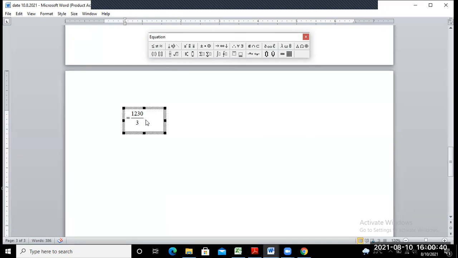If you divide this, 3 goes 4 times, and then 0, 1, 0, so that is 410. If you divide 1230 by 3, you get 410.